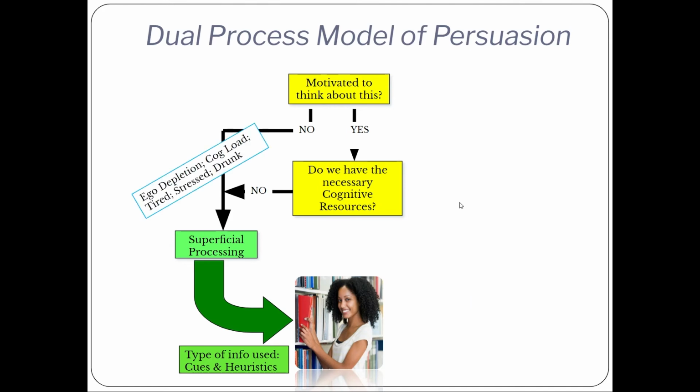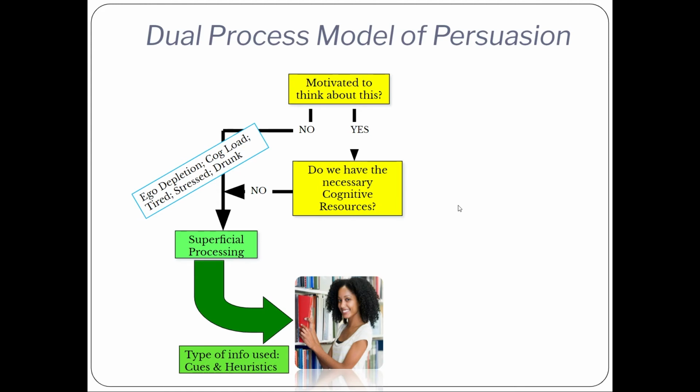If not, for example, if she has ego depletion because she's spending a lot of cognitive resources on some other tasks, or when she's under cognitive load, maybe she's doing some math problem while we're trying to persuade her, or maybe she feels tired, stressed, or drunk, this person would not have the necessary cognitive resources to process the argument of the persuasion message, right?